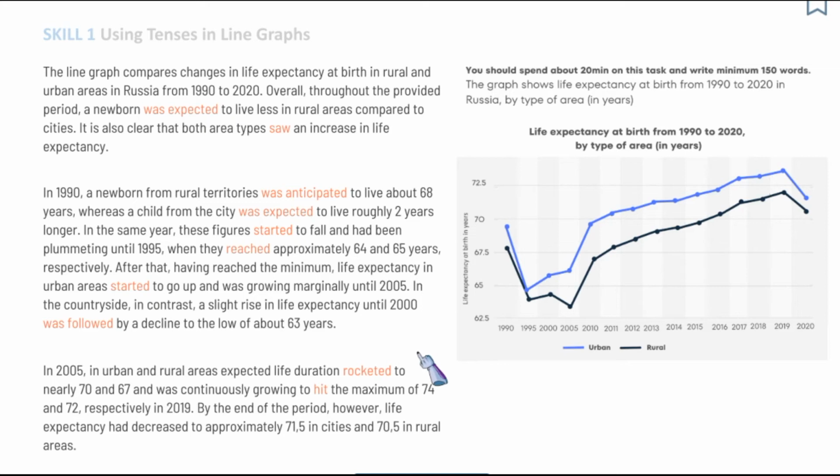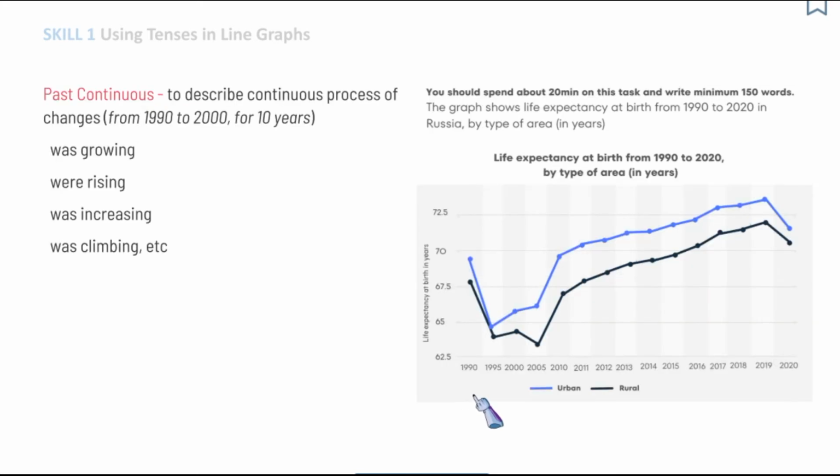The next past tense is past continuous, and it is used to describe continuous actions or continuous processes of changes.